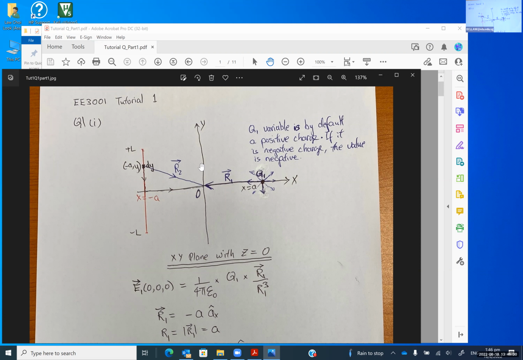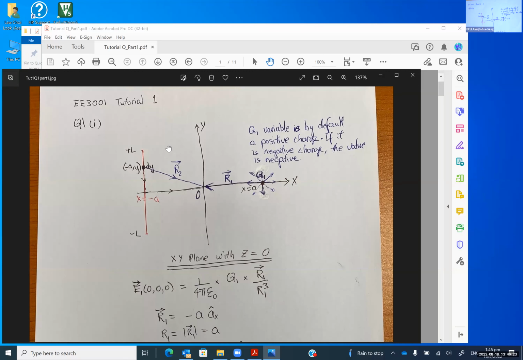The magnitude is a. Direction? Yeah, positive a_x. And then the one moving down, what's the magnitude? This one here. Y. Yeah, y, and then the direction is negative a_y.